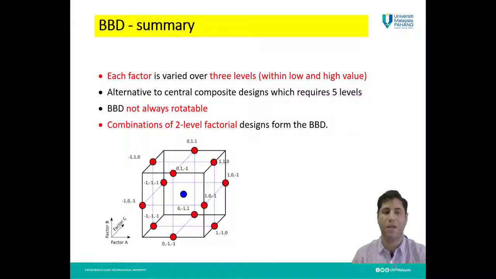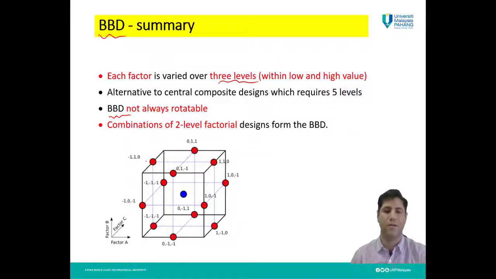Briefly, each factor is varied over three levels in this design, which is low and high, and also a medium value for the factor. It is also an alternative to the CCD design. If the CCD design cannot be used for an RSM-based design, we can also check BBD. One problem with this design is that it is not always rotatable.